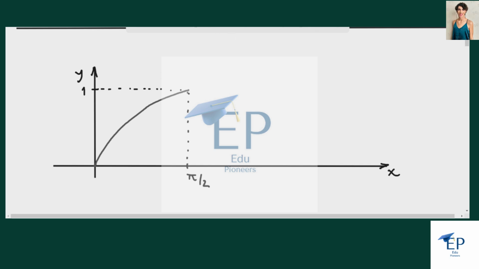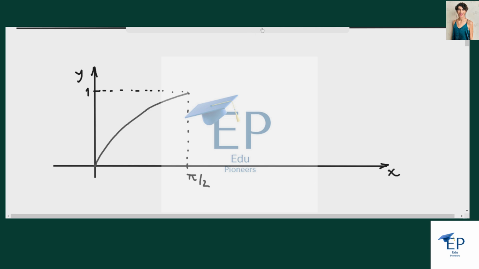Should be a little bit more flattened around here, but there's no problem with that. Okay, so we can say that the value 1 should be around here, maybe.